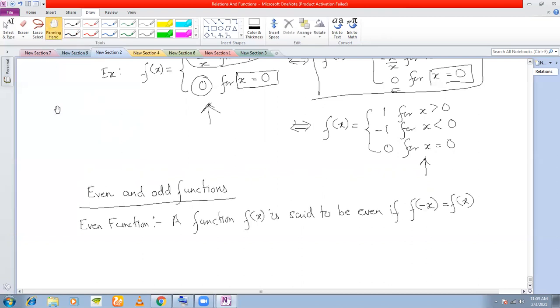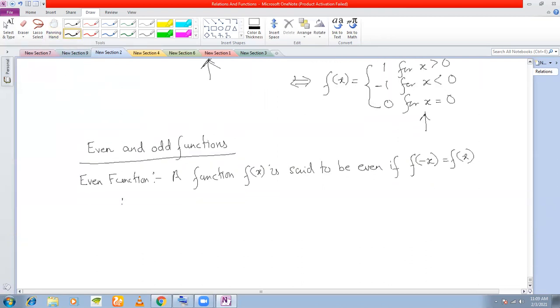Okay, take an example. Suppose the question is check whether f(x) is equal to x square plus 5 is an even function.